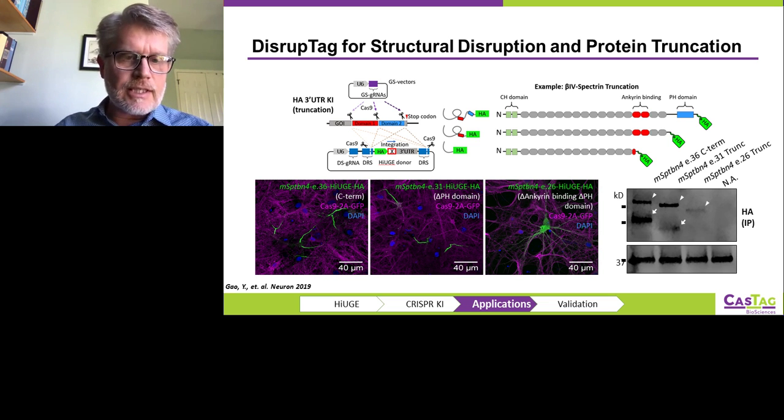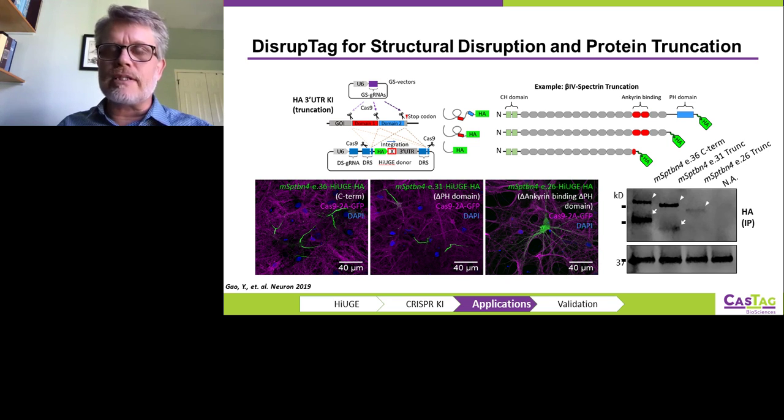So here you can see on the far end, the full-length tagged protein localizes tightly to these axonal initial segments. If we truncate in and we lop off this pleckstrin homology domain, which is a membrane binding domain, the endogenous beta-4 spectrin is still localized at the axonal initial segment. If we target, however, the spectrin repeats internally for truncation, what we see now is that the protein becomes diffuse.